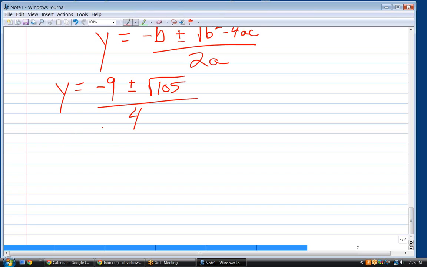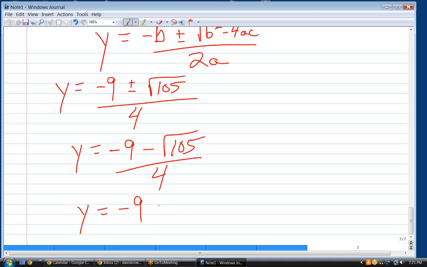So, what are the two solutions for y? Negative 9 minus the square root of 105 over 4. And? Equals negative 9 plus the square root of 105 over 4.